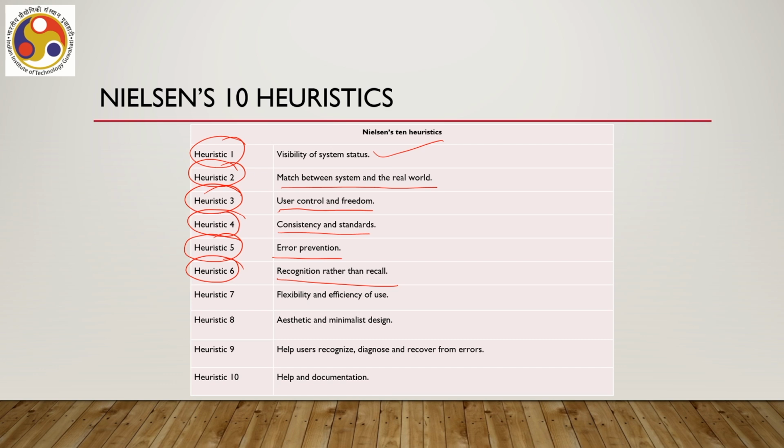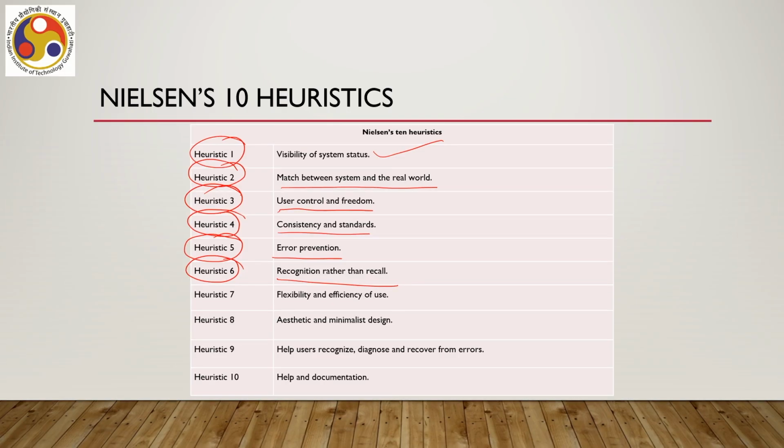However, if the button is not presented in a 3D shape, then it is difficult to recognize just from the shape whether it needs to be pressed or something else needs to be done. In that case, the user has to recall what to do with the button from previous usage of similar systems. So, if the shape is not properly there, then the user will be forced to recall, which is not a good practice.